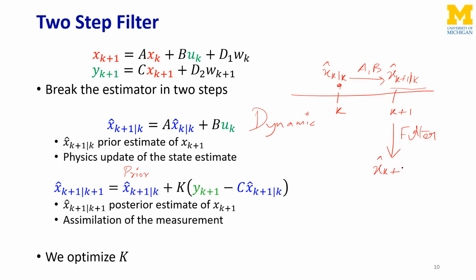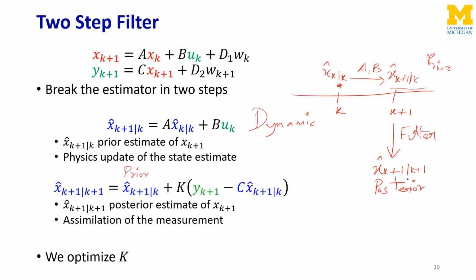That's after the filtering, which is why it's posterior. So the first step takes advantage of the dynamics of the system, and the second step uses the measurements to improve the prior estimate. This stage is prior, and this one is posterior.